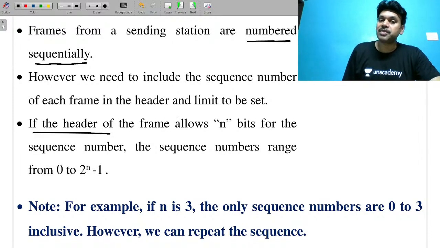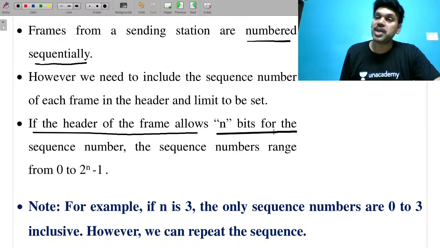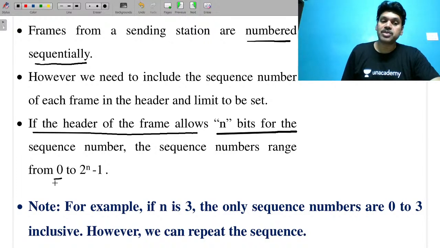If the header allows n bits, then I can send 2 power n frames, and those sequence numbers are from 0 to 2 power n minus 1.